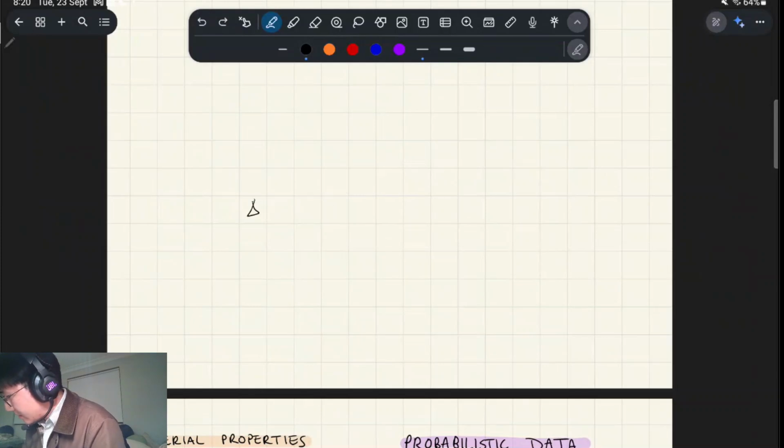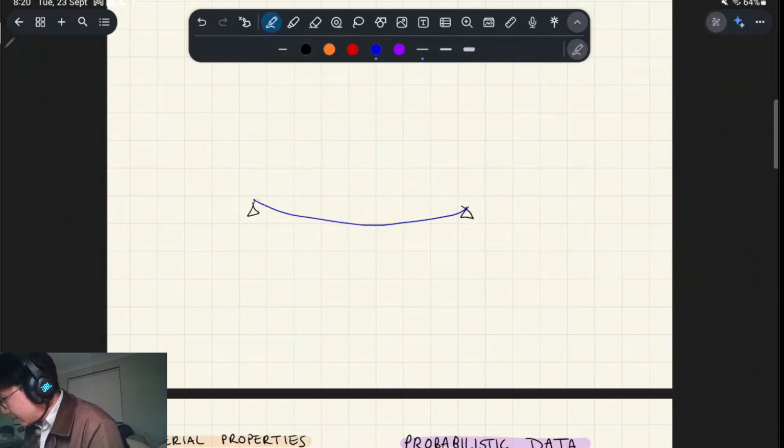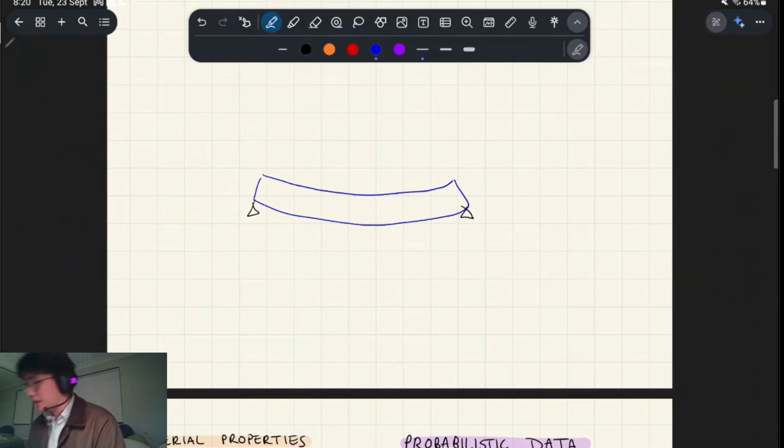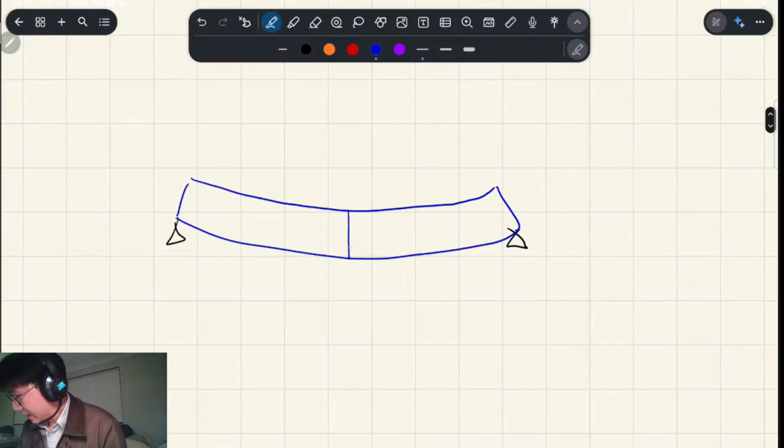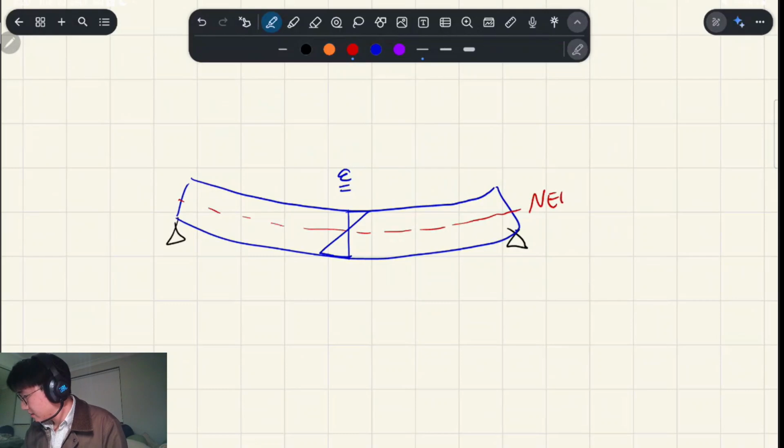So if you apply a load to a beam, and it starts to take on this shape, engineer's beam theory is basically saying that the strain of this beam in bending, where there's zero strain, this is called your neutral axis. This is like bending theory basically.